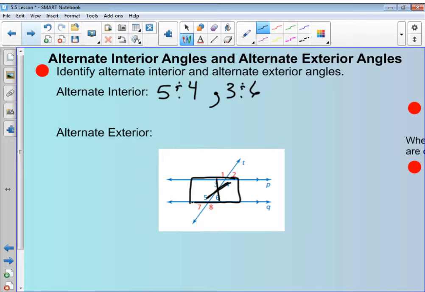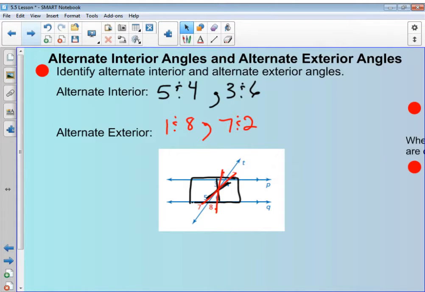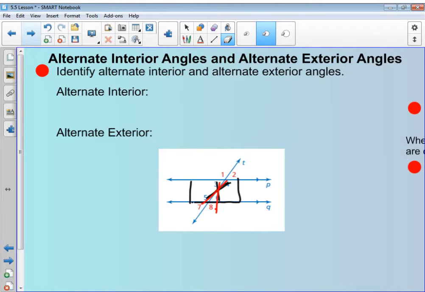Now when I work off of the ones on the outside, my red numbers there, 1 on the opposite side of the transversal, on the opposite side of the parallel lines, is 1 and 8. And then the other set would be 7 and 2. They're on the alternate or the opposite side of that transversal.